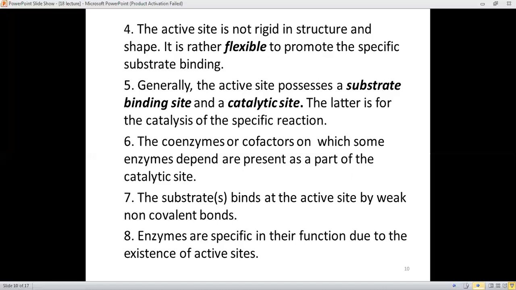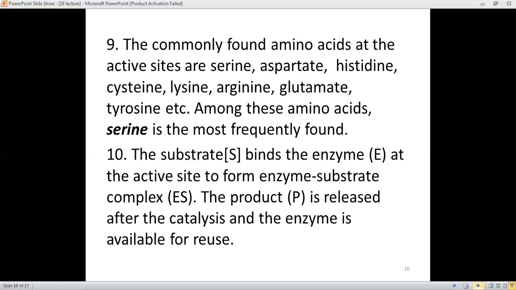And enzymes are specific in their functions due to the existence of the active site. It means that only a very specific enzyme will act on a specific substrate.